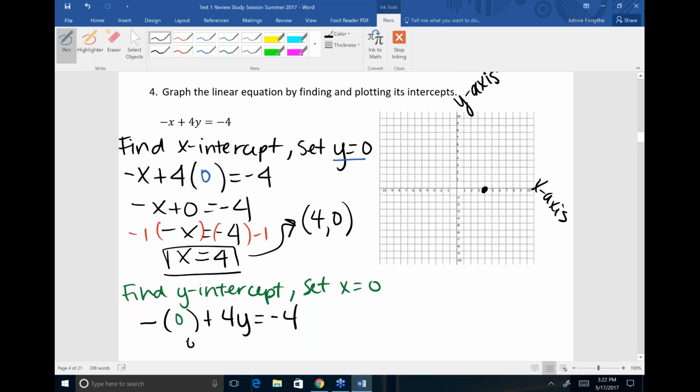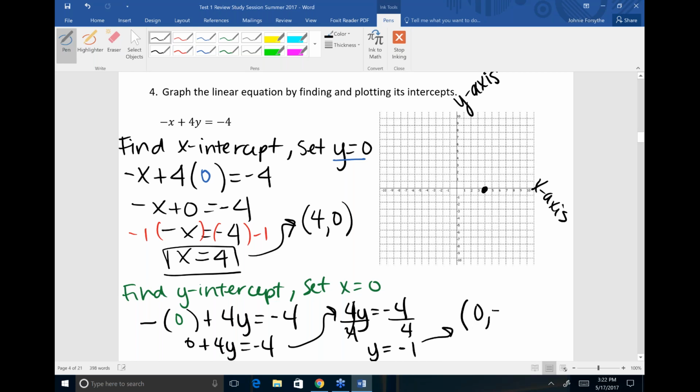Negative times 0 is just 0, plus 4y equals negative 4. 0 plus 4y is 4y equals negative 4. And then to solve for y, we'll divide by 4. So y equals negative 1. If I want to write that as an ordered pair, that would be (0, negative 1).